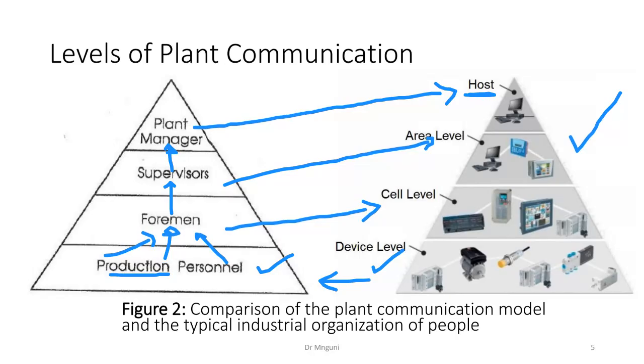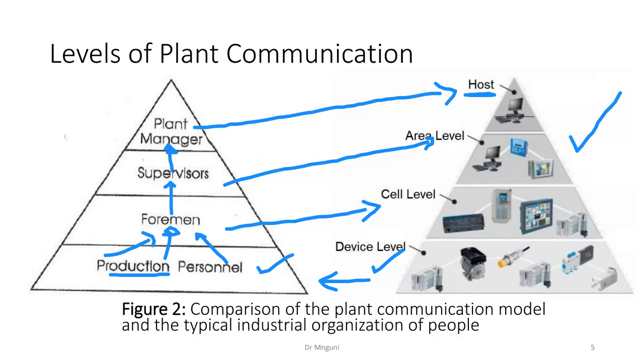In fact, even in our institution, now I'm referring to CPUT, we are applying this structure as well. What is happening? You've got your device level, which are your lecturers that are teaching you guys. And then these lecturers need to report to the HOD, who is sitting right here on the cell level. Okay.